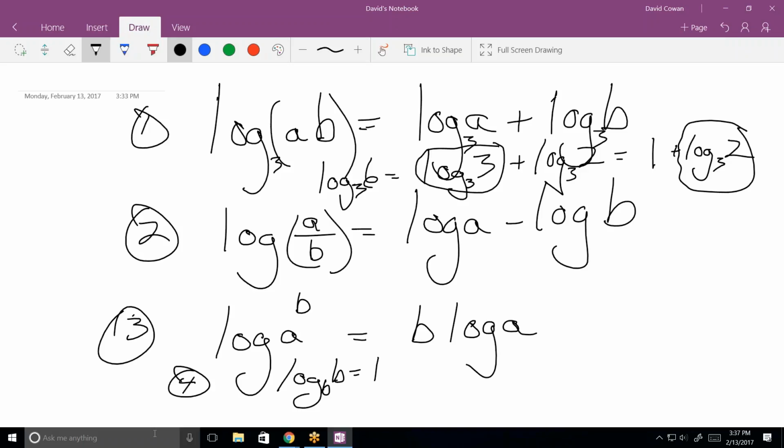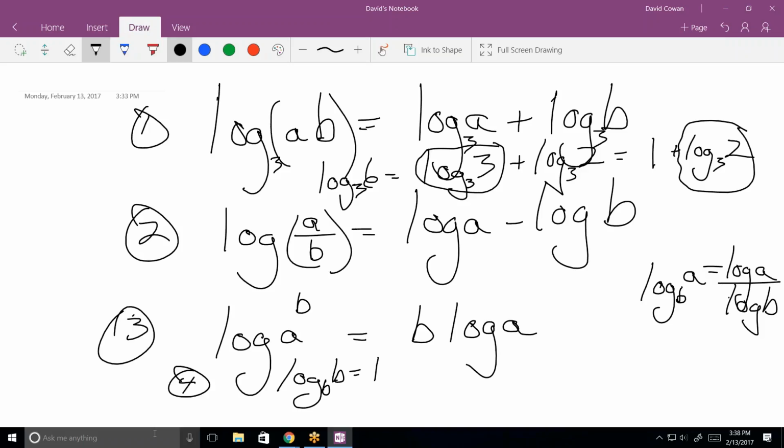And the change of base formula says that the log base b of a equals the log of a divided by the log of b.